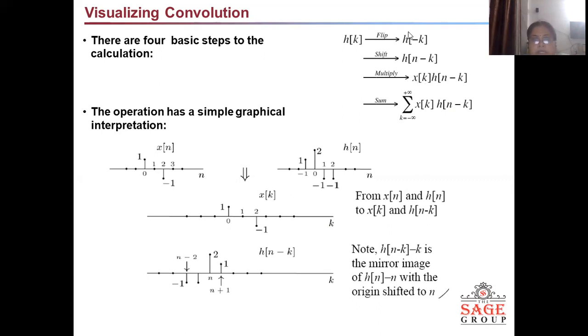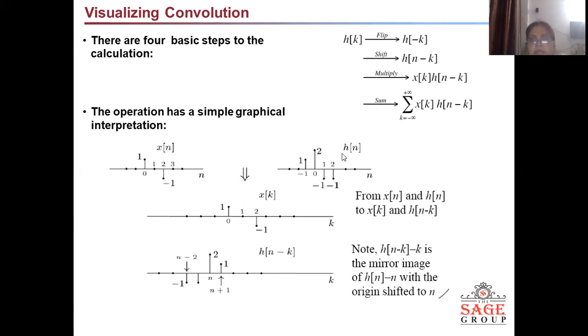Now we can take any mathematical function and perform the convolution graphically. So this is x[n], this is h[n]. Now we replace n with a new index variable k.